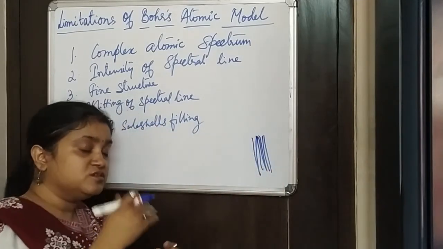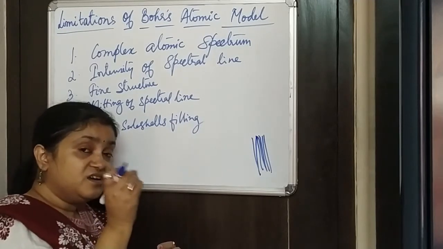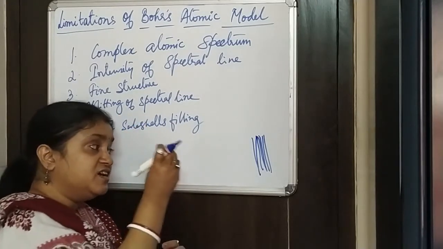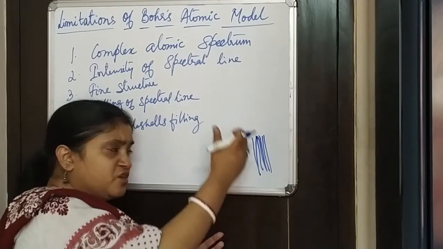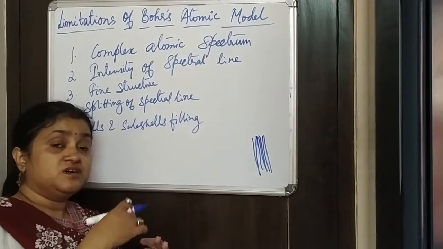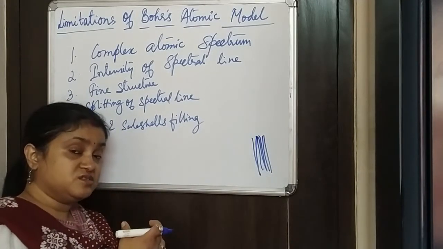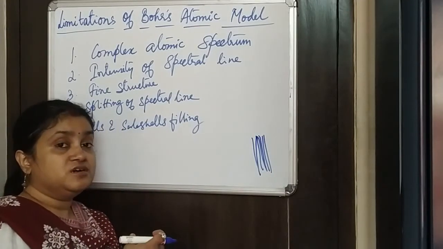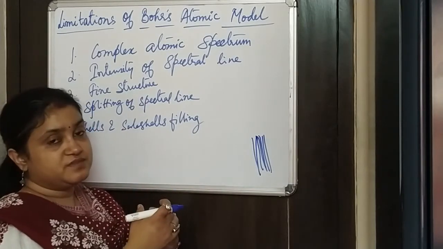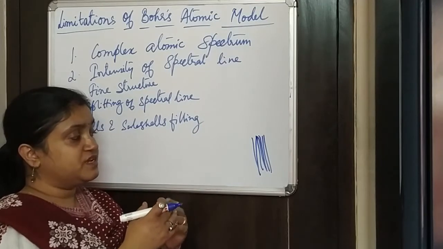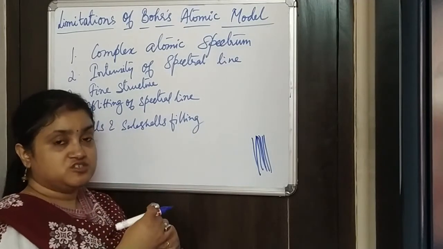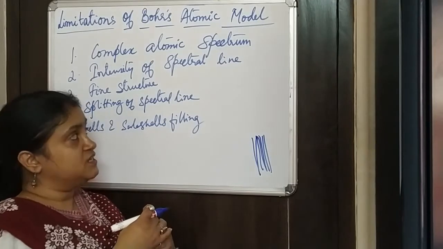This means that one band or one line is made up of much finer structure, which was seen in high-resolution spectroscopes. And Bohr's simple atomic model with three postulates could not explain why such fine structures are seen.